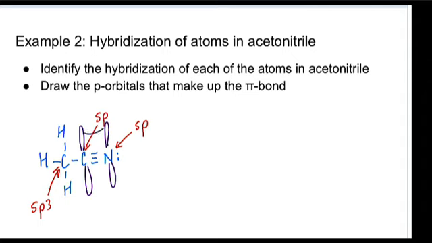And then if we think about perpendicular to that, so in and out of the plane of the board or screen or paper, there's these other two parallel p orbitals, and that is causing the formation of the other pi bond.